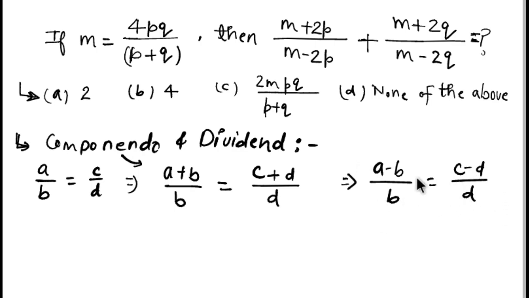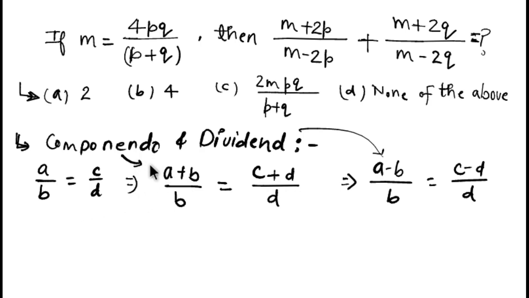So this also follows, and this is called dividendo. Componendo is when I add the denominator to the respective numerator of these fractions, and they still follow the proportional rule. If I subtract, it again follows the proportional rule. So componendo is this and dividendo is this.